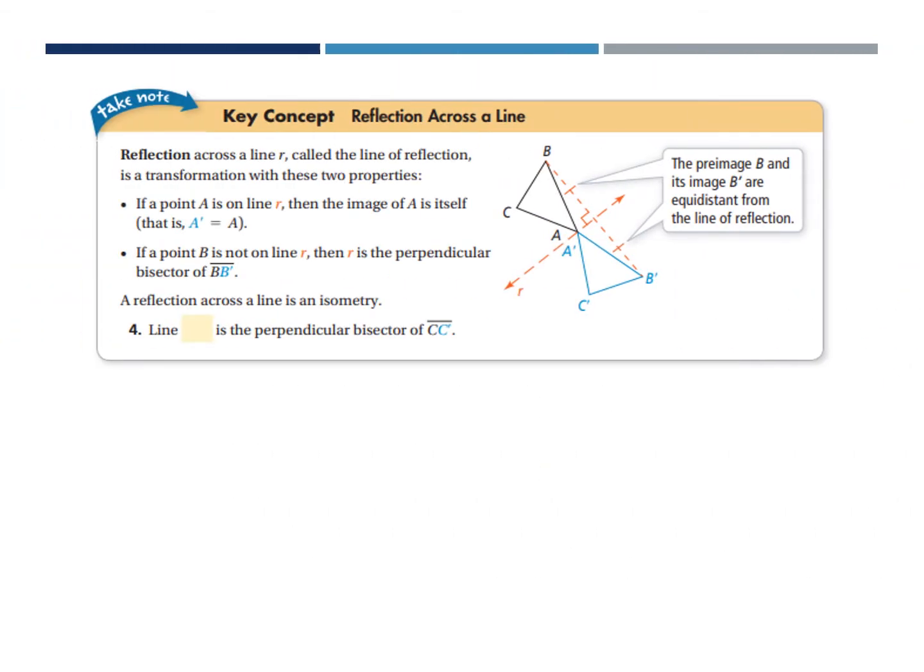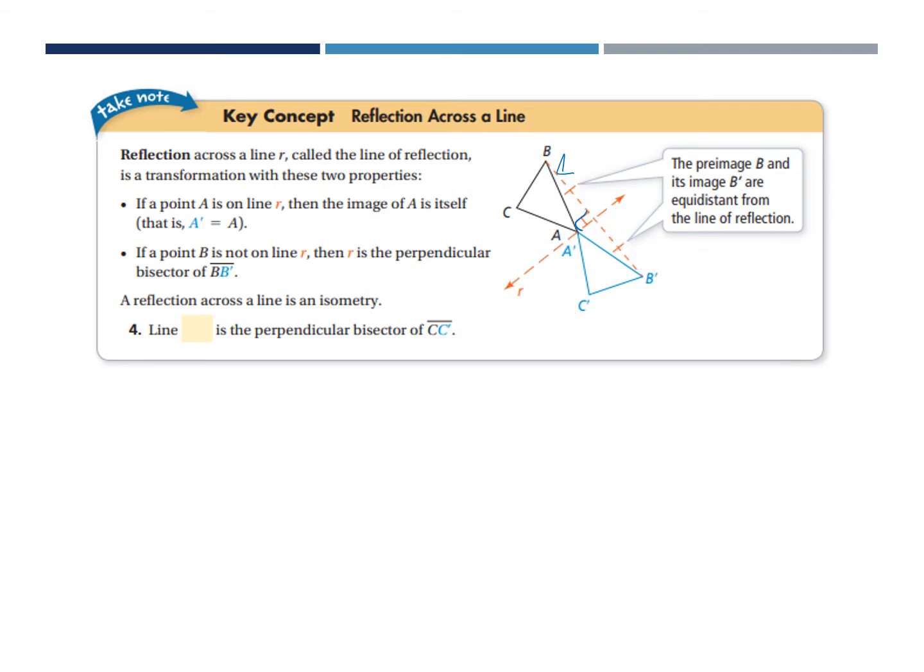When we are reflecting across a line, we have a line of reflection. Here's my pre-image, and it's reflected over this line to give us the image here. When we look at the line that connects the image and the pre-image, the line of reflection is going to be the perpendicular bisector of whatever it connects.